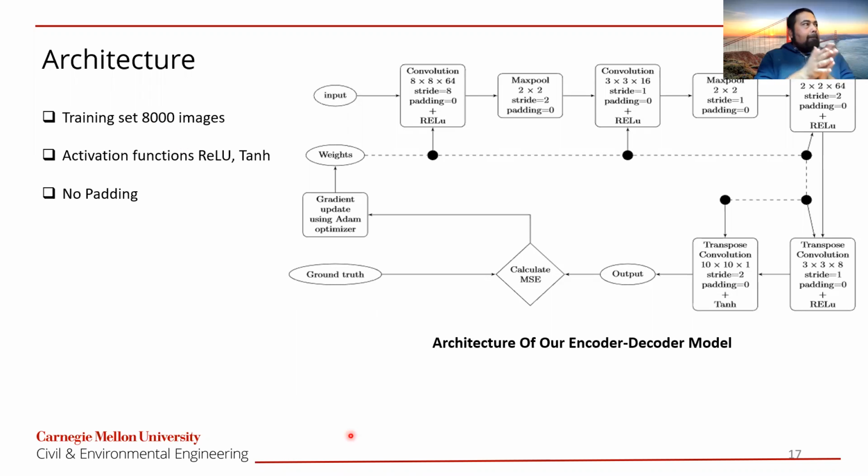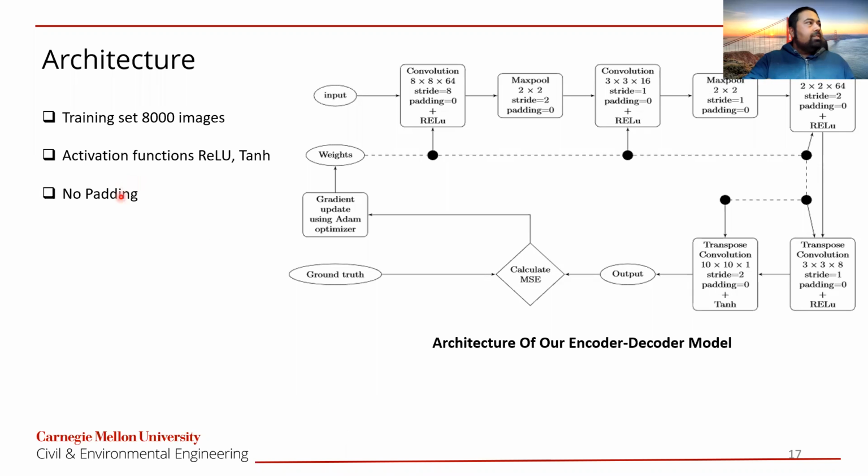Then we have these simple functions, ReLU, which everyone might know we use for computational efficiency and to avoid the vanishing gradient problem. We also use the hyperbolic tangent function, because the stress map is very non-linear, and hyperbolic tangent will help us in mapping that non-linearity.